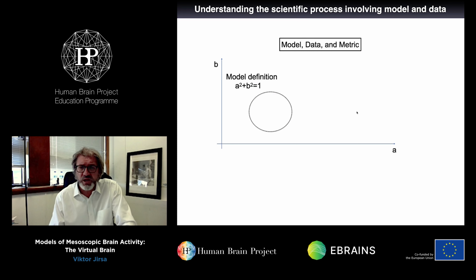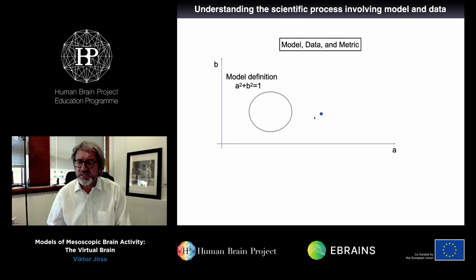Number two, I perform a measurement like this point here. I measure some type of correlation. I extract it out of the data. It provides me with a point that I can, in one way or another, locate in this particular domain. Now I want to relate it to the model, which means I need to define a metric.